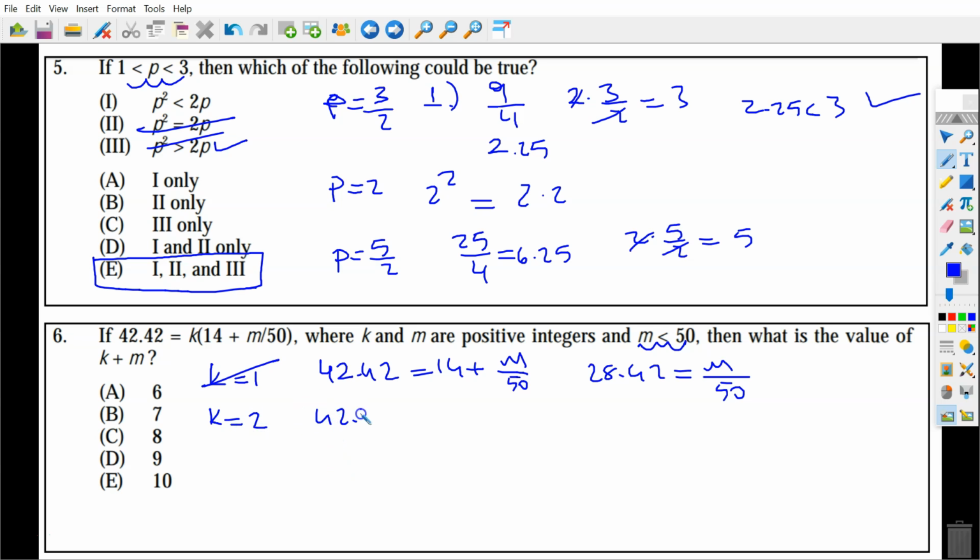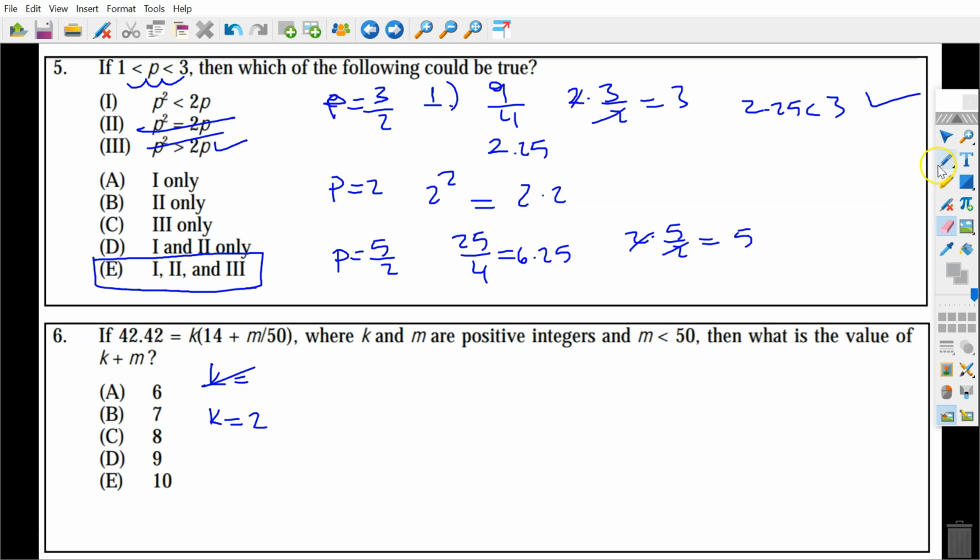So 42.42 equals 2 times 14 plus m divided by 50. If I divide this side by 2, we get 21.21 equals 14 plus m divided by 50.